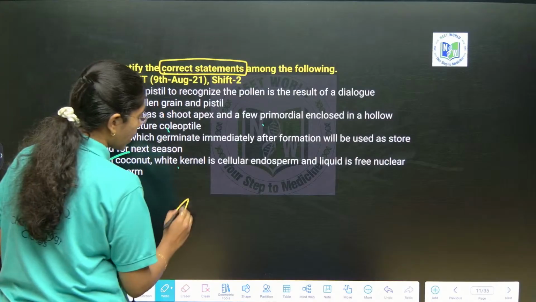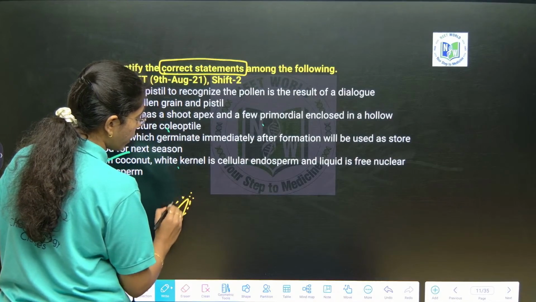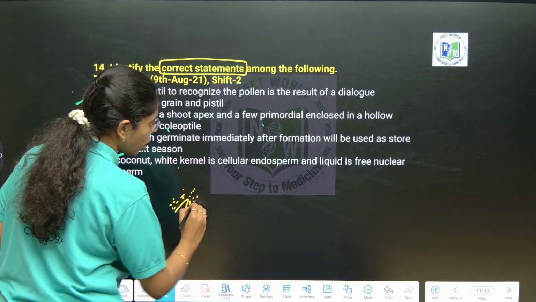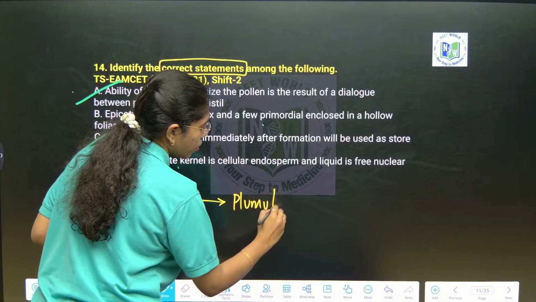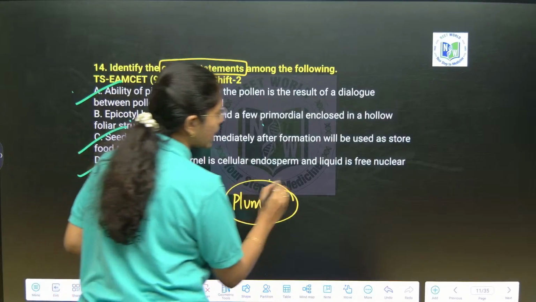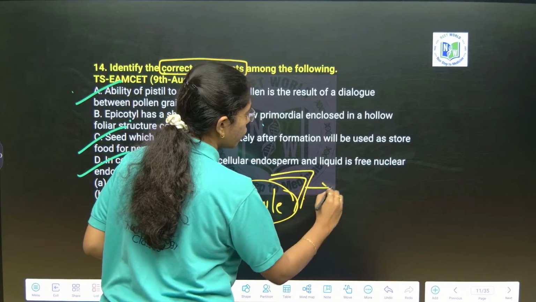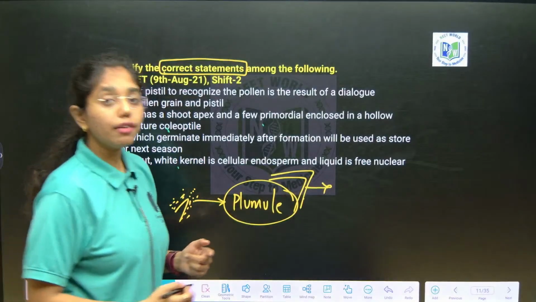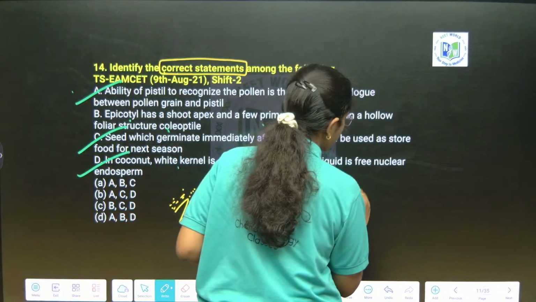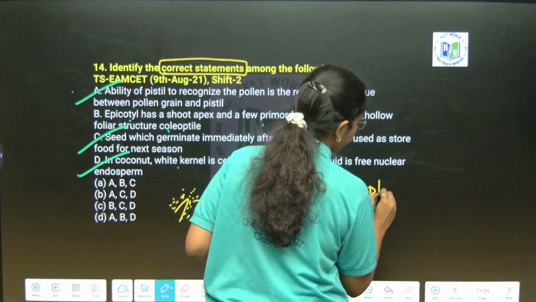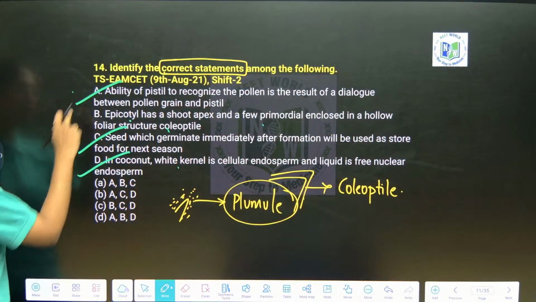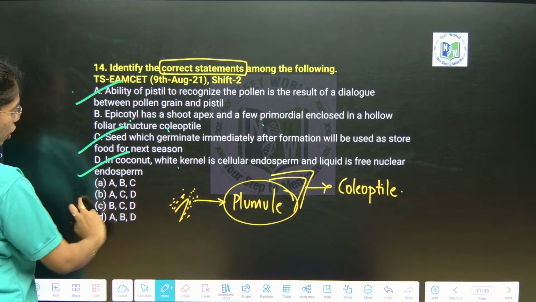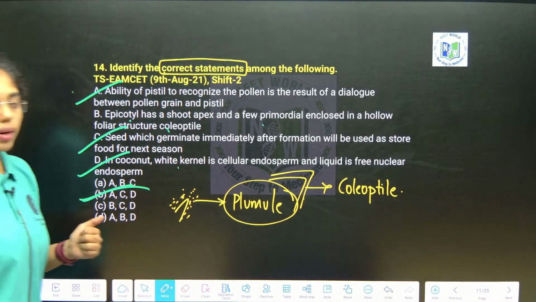So epicotyl will have few primordial cells. This will mature to what? Plumule. Apex of the plumule is covered by a protective sheath. That protective sheath is called coleoptile. Fine, right? So here what is the right answer? A, C and D. Option B is the right answer. Okay. Next.